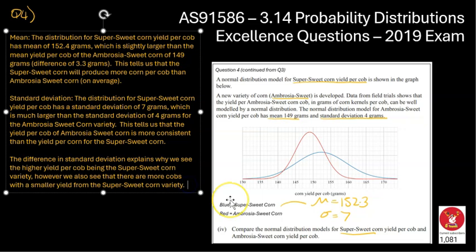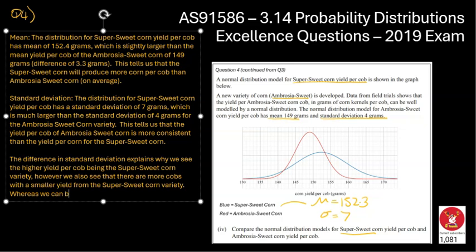And we probably want to carry on because we can see the small corn and the big corn are all dominated by the super sweet corn. So those middle ones, that big chunk in the middle, is dominated by the ambrosia one. So most of the middle weighted corns per yield per corn is there.